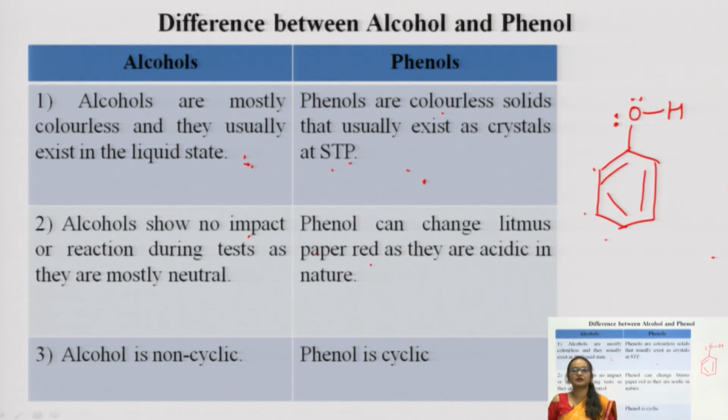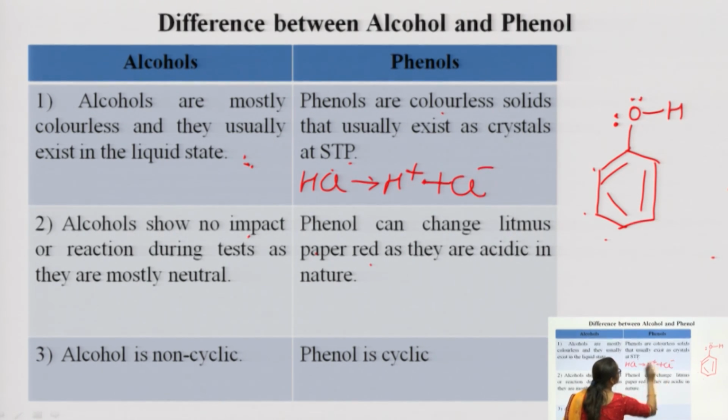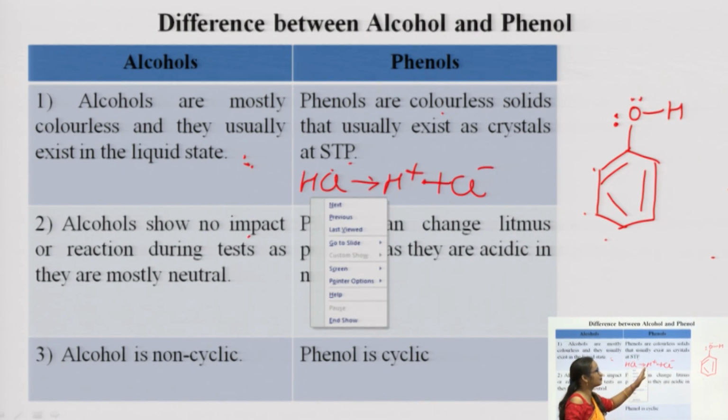Now you must have a question: what is acidic? Suppose you say HCl; HCl dissociates into H+ and Cl-, which means hydrochloric acid is an acid. That means an acid is a substance which donates a proton. If it is donating the proton, then it is called acidic.